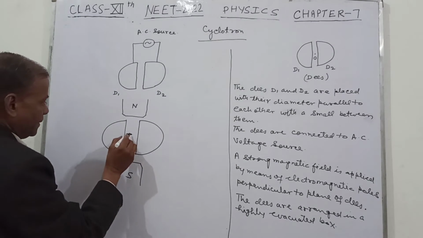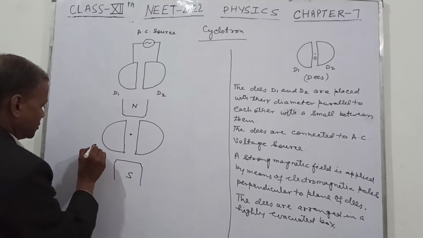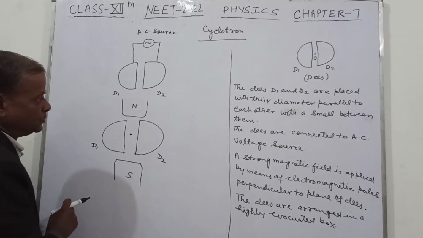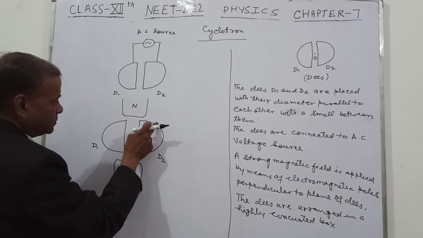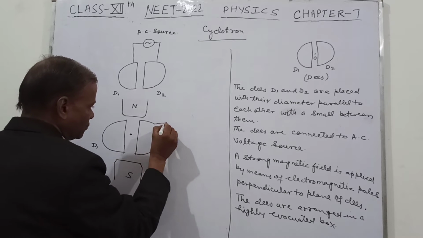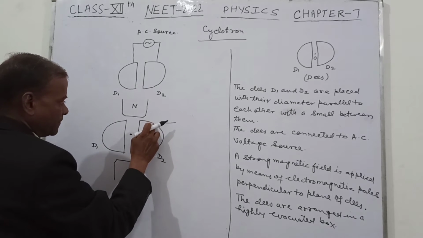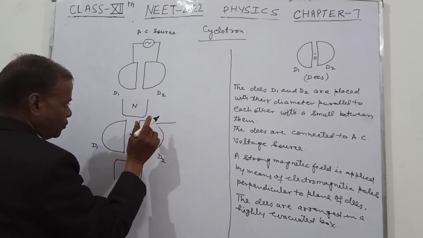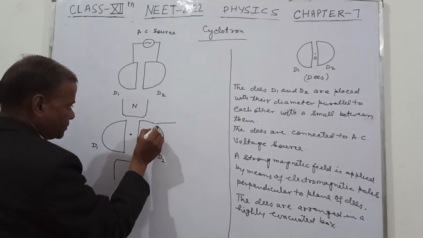So this particle moves. Suppose this is now your D1 and this is now your D2. There is a small gap here. This we are having the deflecting window. This is a light hole in these.